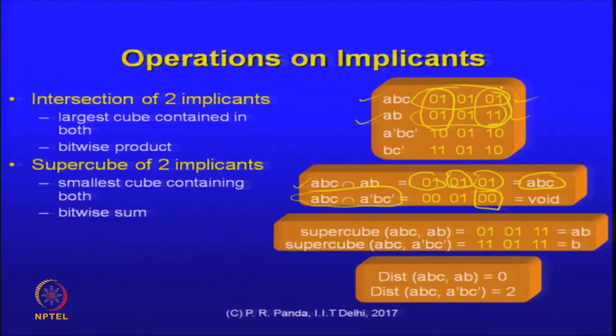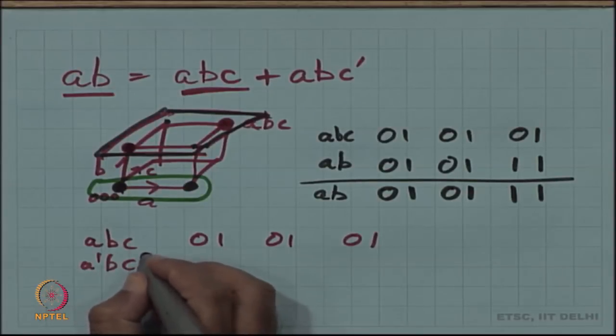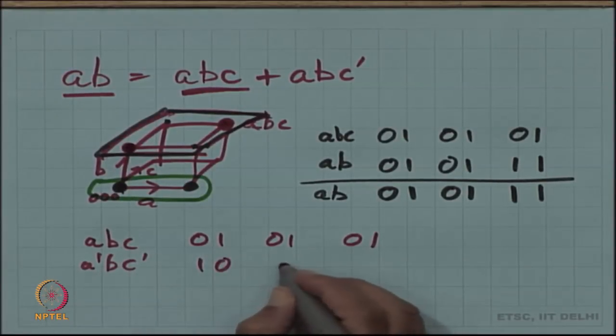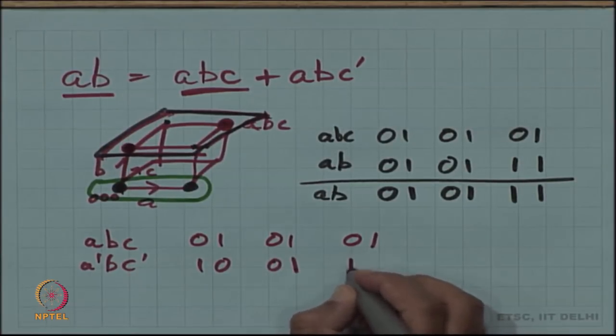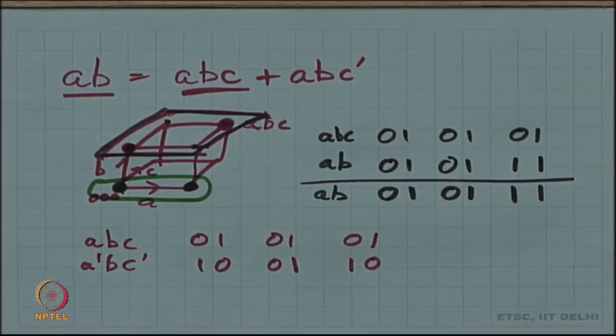But like we saw, if you take ABC and A prime B C prime, which could be these two nodes, then you have a supercube where ABC was 0 1 0 1 0 1. So, A prime B C prime was 1 0 0 1 for B and 1 0 for C prime.